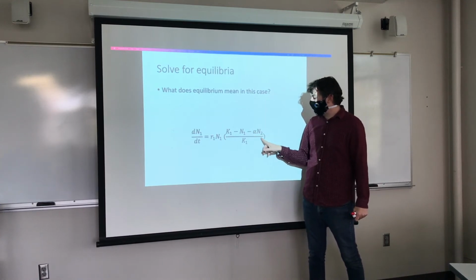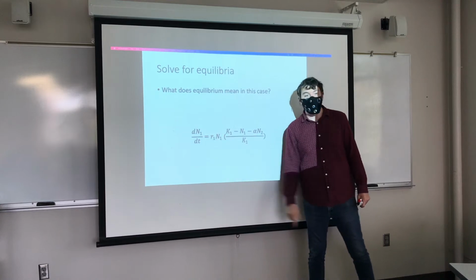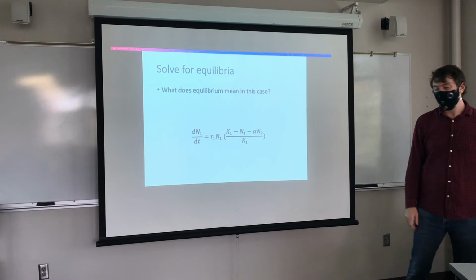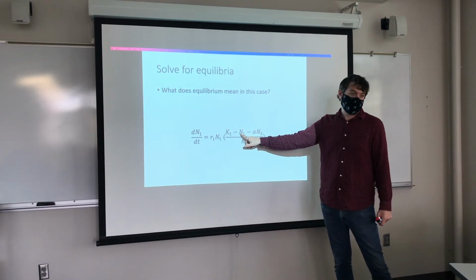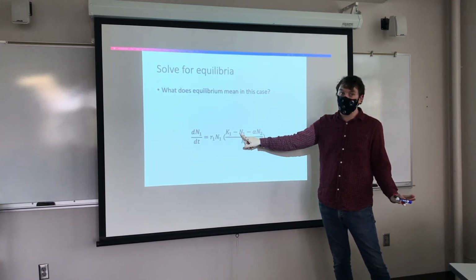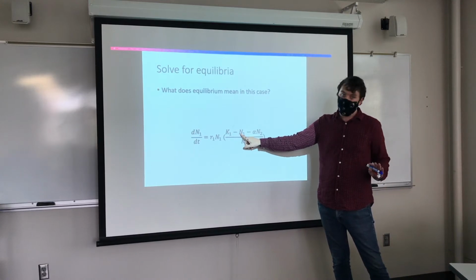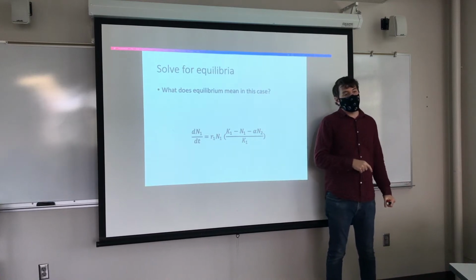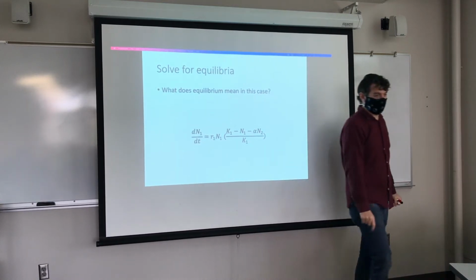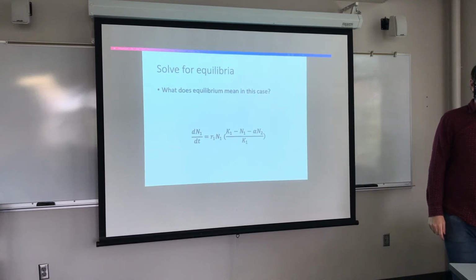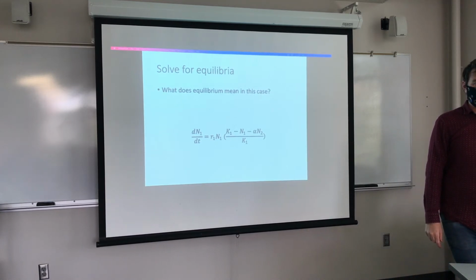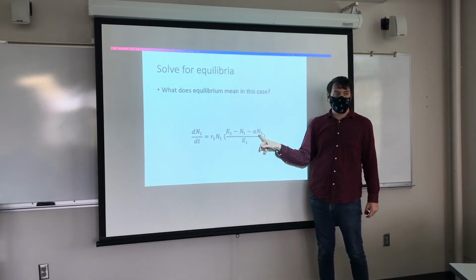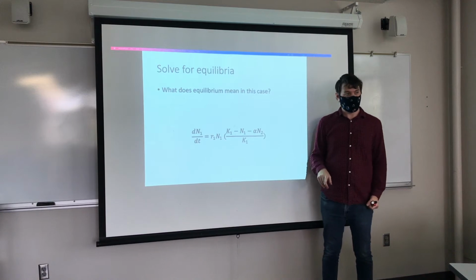So now, what value of alpha n2 could render dN/dt 0? If you imagine n1 is now 0, there's none there, so they're not limiting their own growth at all. As soon as you get one individual of species 1 in there, that population is going to start going up. But what value of alpha n2 could render this 0? K minus 0 minus, K again.